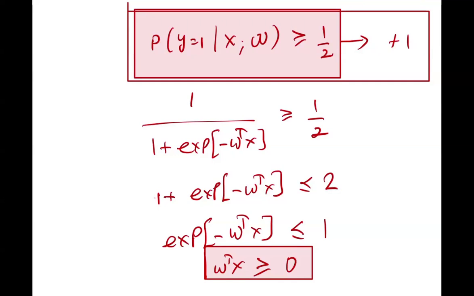So this formula, right, what if the distribution of probabilities is very close to 1 over 2? Does that mean the model is not very confident in predicting? That's one interpretation of this probability: if the probability is very close to half, the model is not confident about this particular thing.